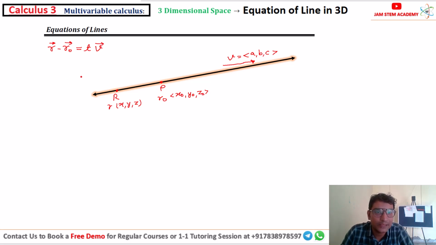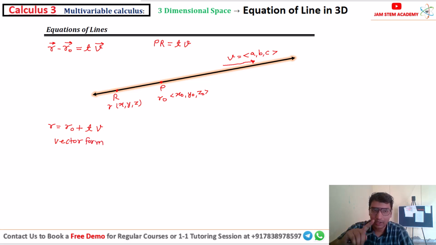What that means is this vector PR is going to be some scalar multiple of V. So R minus R naught equals t times V. From here I can say R equals R naught plus t times V. This is the vector form.